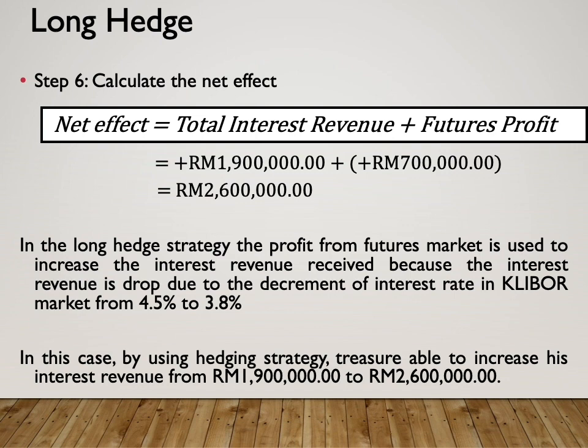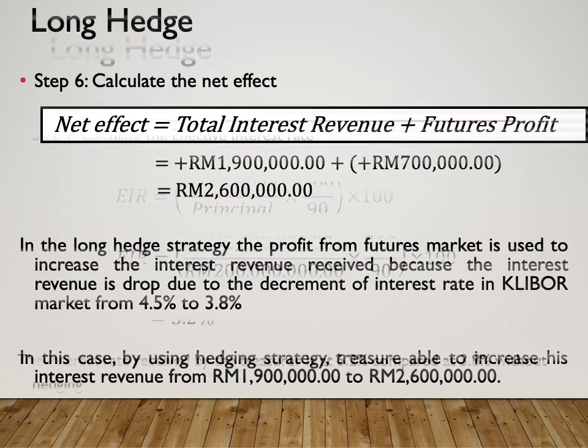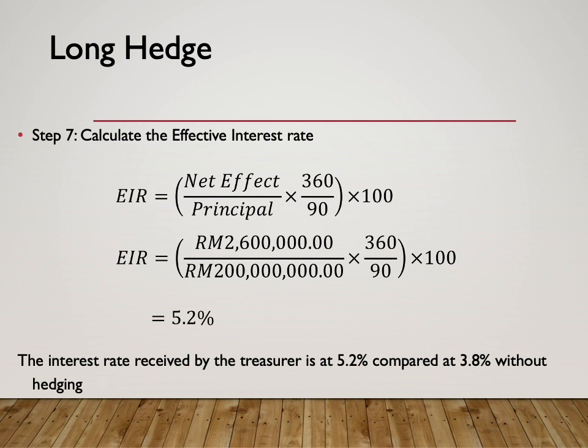The last step is to calculate the effective interest rate. The effective interest rate is net effect divided by principal times 360 divided by 90 times 100. So you plug in the net effect figure from the previous step, 2.6 million divided by principal 200 million times 360 divided by 90 times 100. So you get 5.2%.